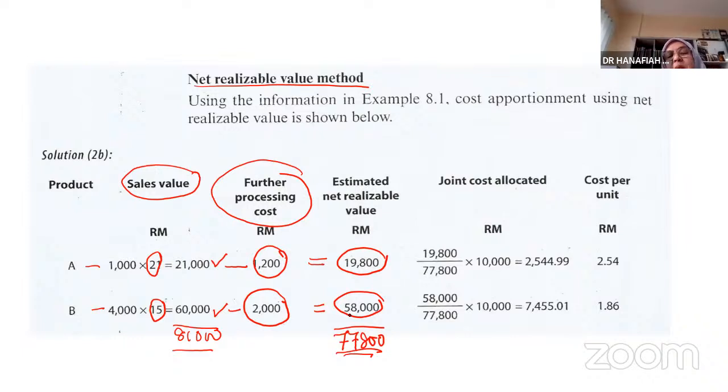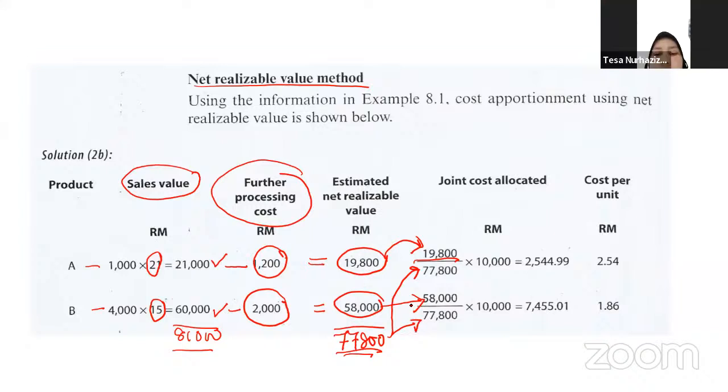778,800. From here again, you take A and B, do a portion to total net realizable value. Net realizable value for A divided into total net realizable value.